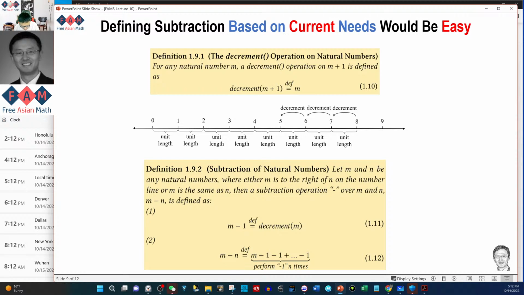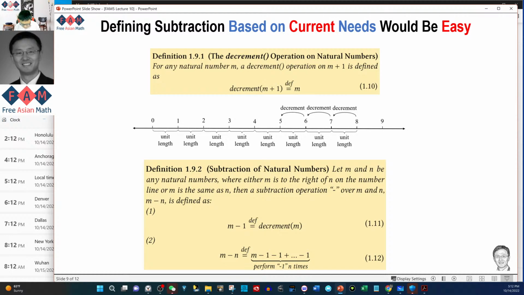But remember, n could be 0 here. If n is 0, this simply means nothing. You don't do anything. m subtracting 0 is just m itself, because it says perform this minus 1 n times. n is 0, so you don't do anything, the number won't change. So it must be m. Okay, so that is also well defined. So m subtracting 0 is well defined.